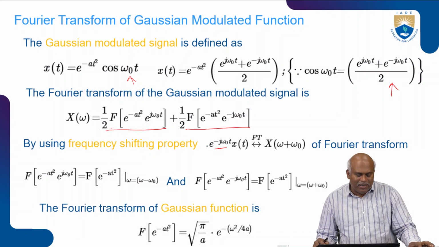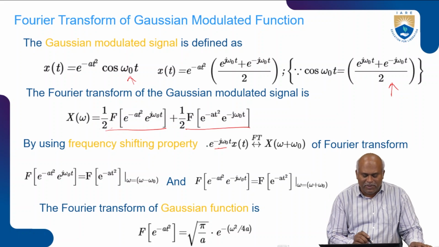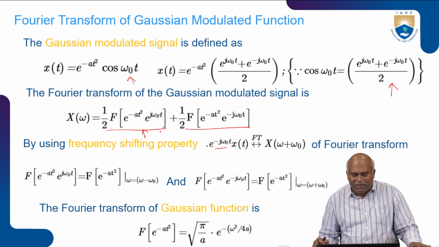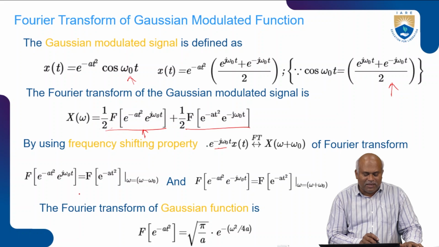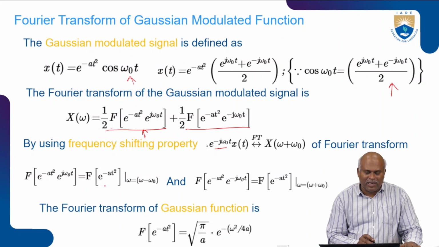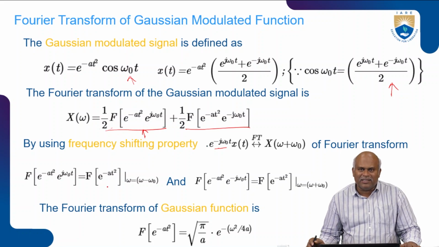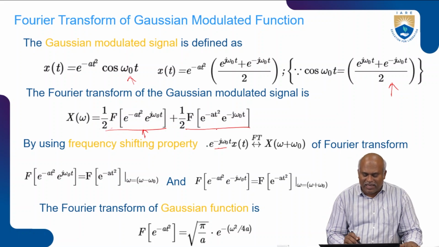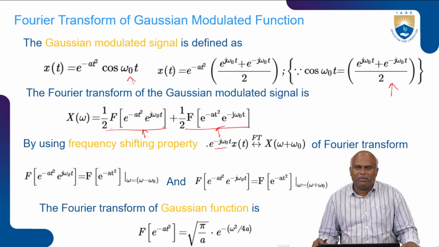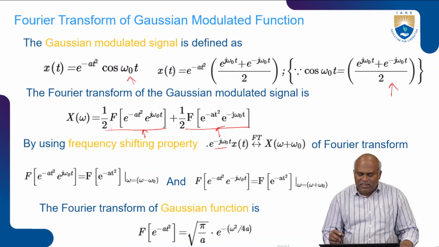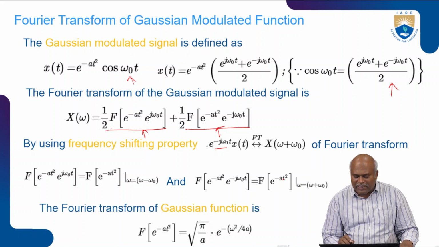So now what will happen? If you take the Fourier transform of this portion only, it is represented as a shifted version of the Gaussian. What is that shifted version? It is the Fourier transform of e power minus a t square with omega equal to omega minus omega 0. At the same time, for the other part it is also possible to use the frequency shifting property, giving omega plus omega 0.